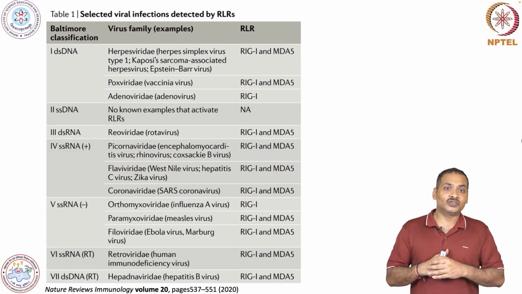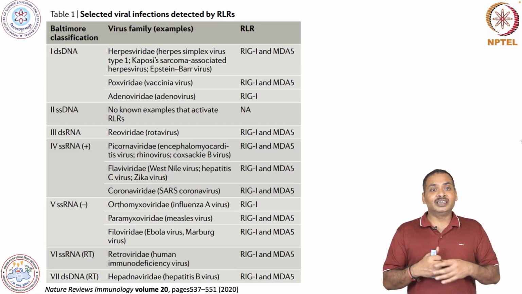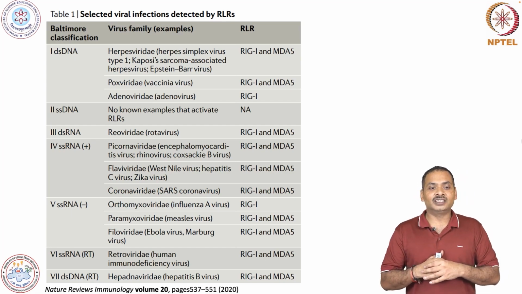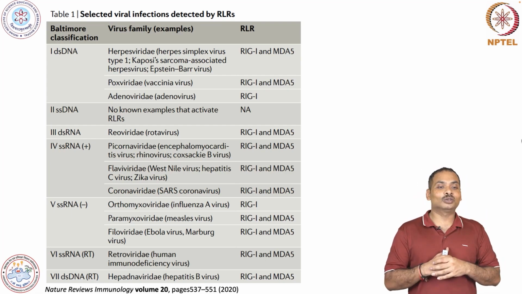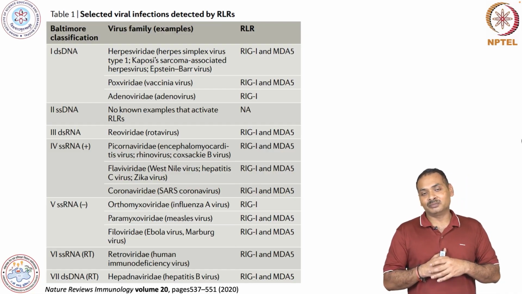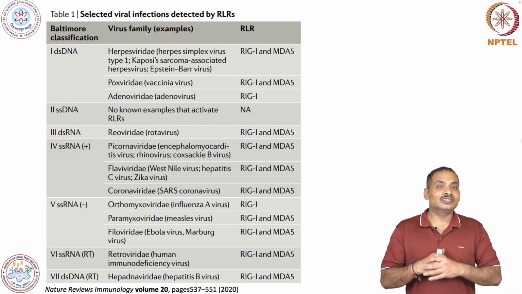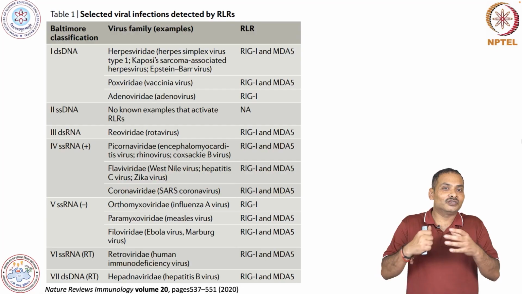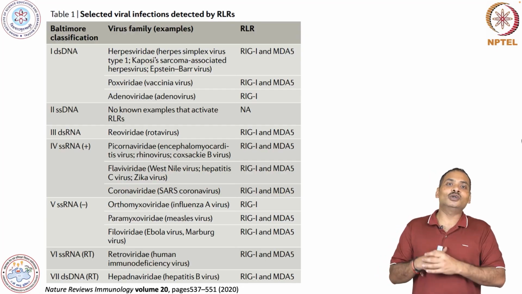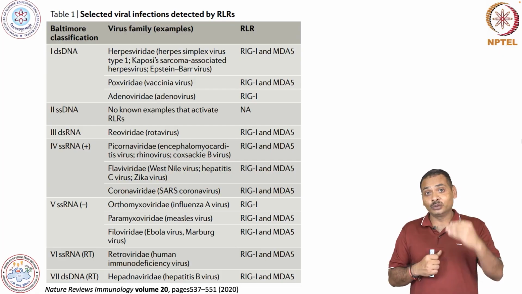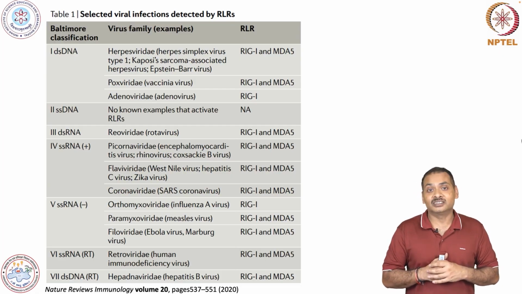Then there is class 5, single stranded RNA negative sense RNA viruses, and the most again fatal virus is an Orthomyxoviridae family member, and in that, one of the key and very famous members is influenza virus, okay. So this influenza virus is exclusively recognized by RIG-I, okay.